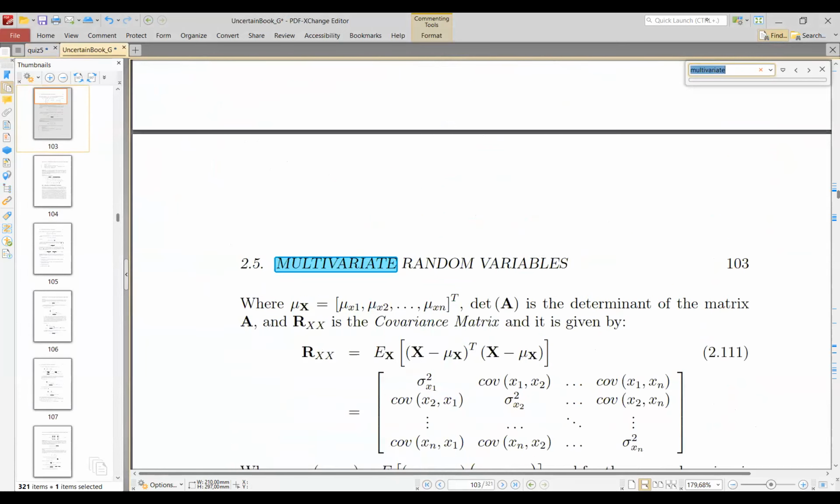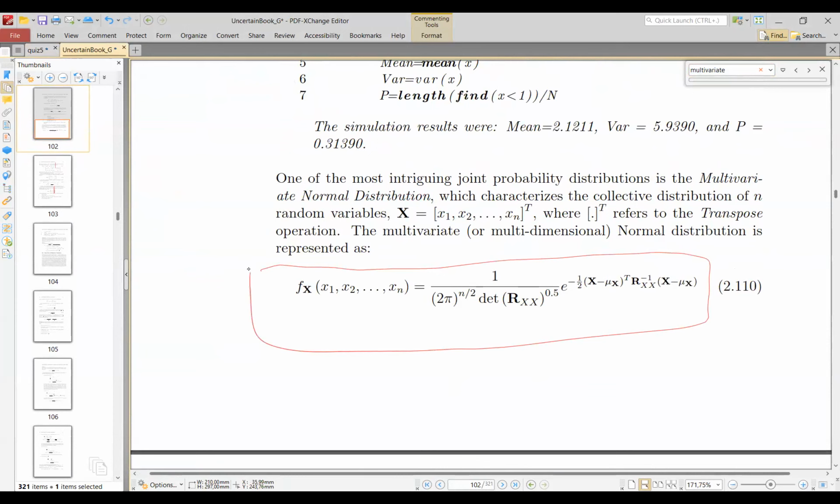Yes. So actually, this is the general form of the multivariate distribution, whatever the dimension, for n dimension. So it is 1 divided by (2 pi)^(n/2). In this example, we have n equal to 2, because we have two random variables, so n/2 equals 1.